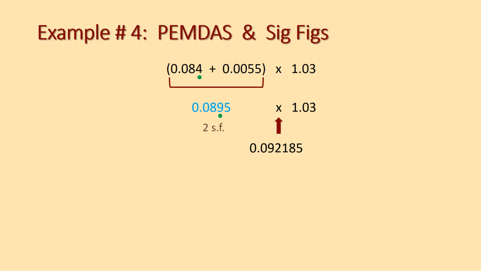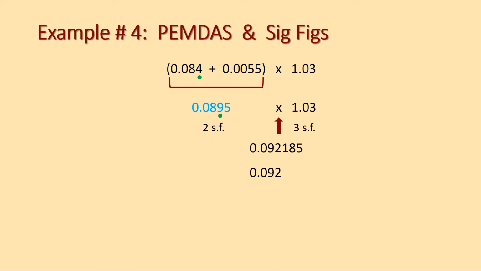So this number will have two significant figures even though it has 3 digits. The second value, 1.03, has 3 significant figures, and 2 is less than 3, which means that our final answer will have 2 significant figures, which means our final answer is 0.092.